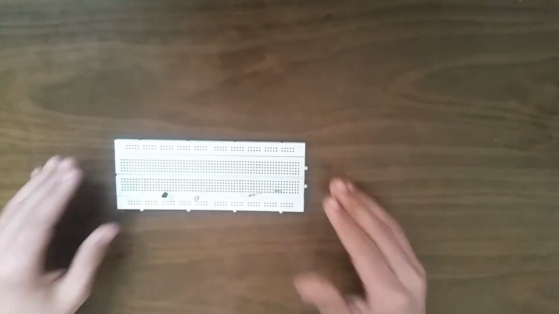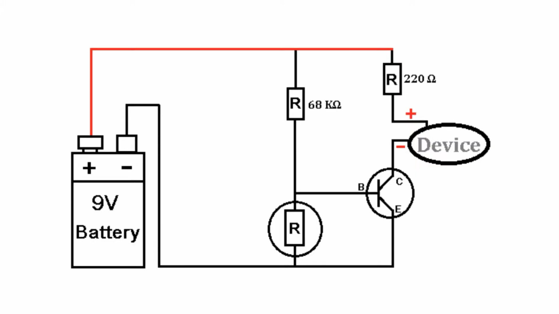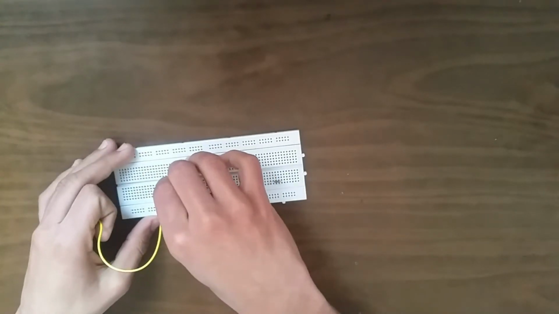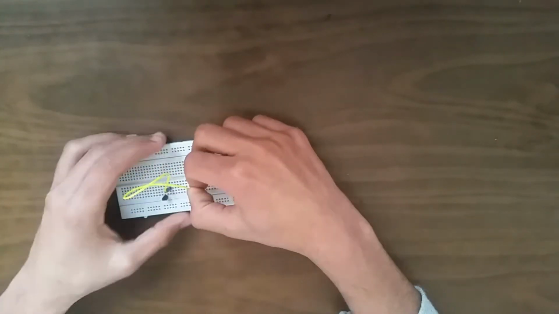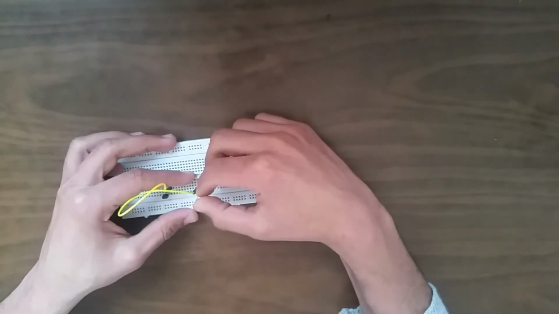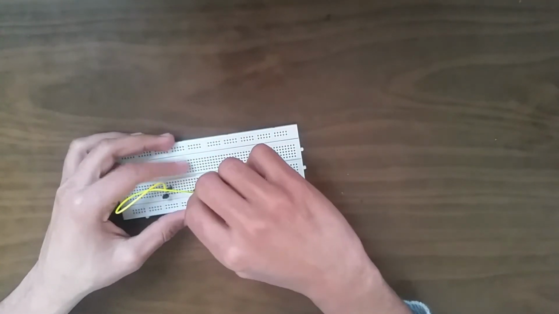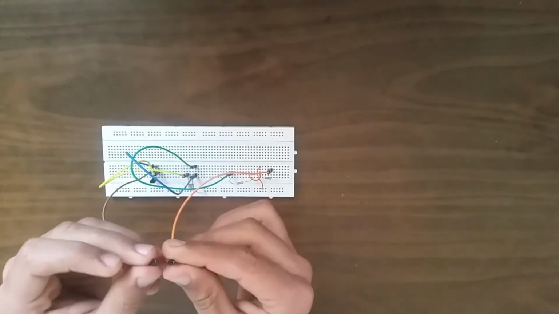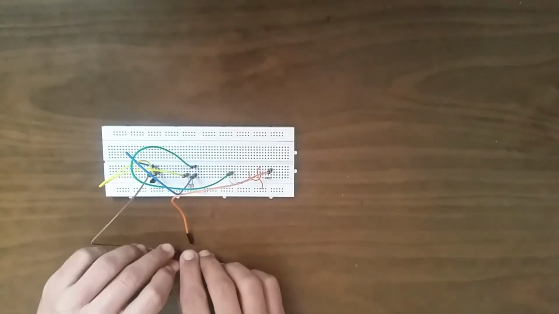After that, we should link all these pieces this way. These two poles are for the device.